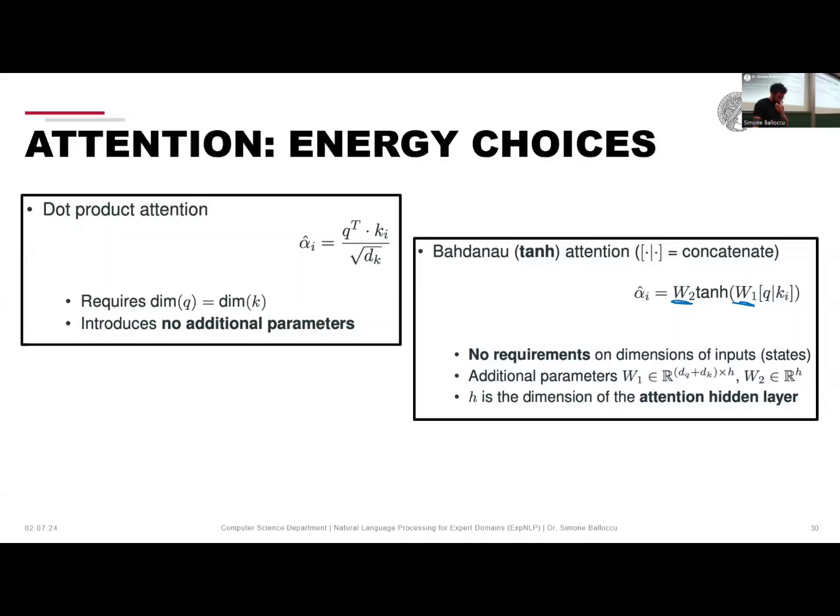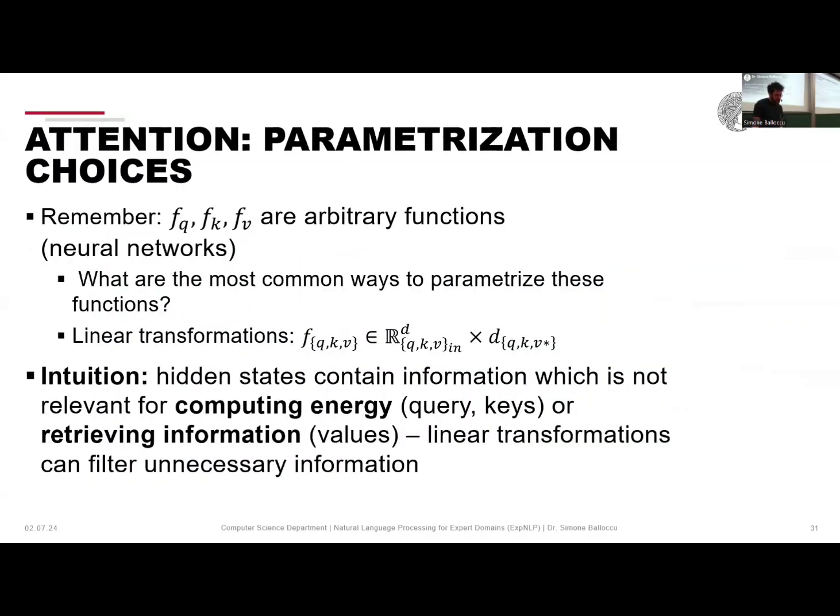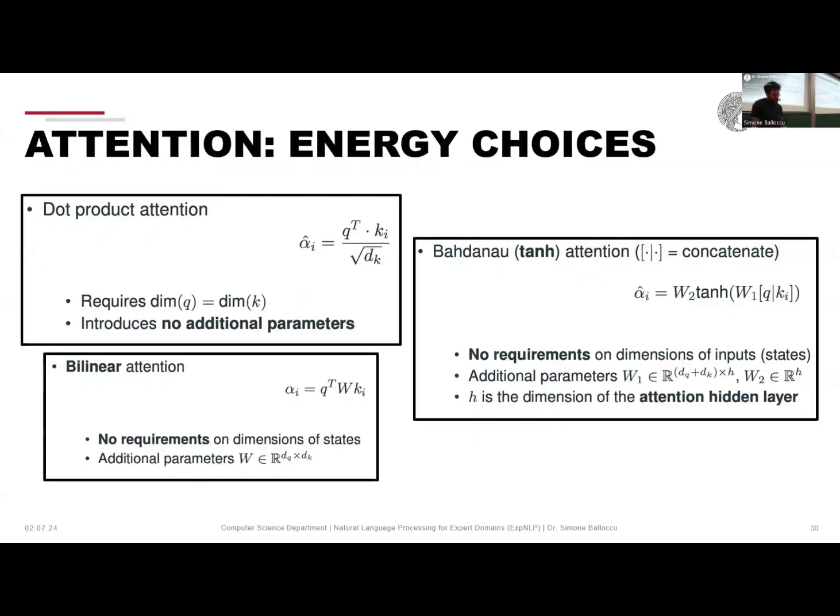But we also have some additional parameters with W1 and W2, and why it could be good, because you can model some further, more complex pattern by doing this transformation. And finally, we have the bilinear attention, which again has no requirement of the dimensional states and has these additional parameters. So why you might prefer one or the other, it really depends.